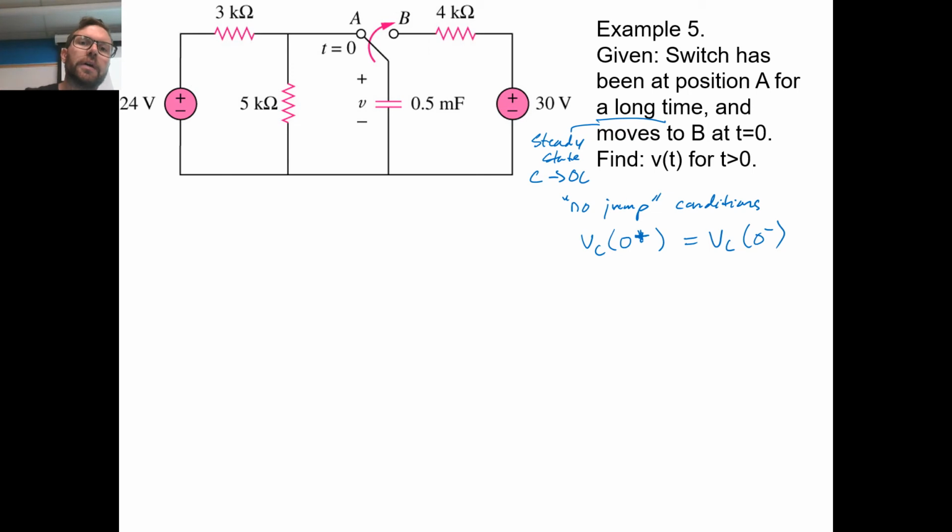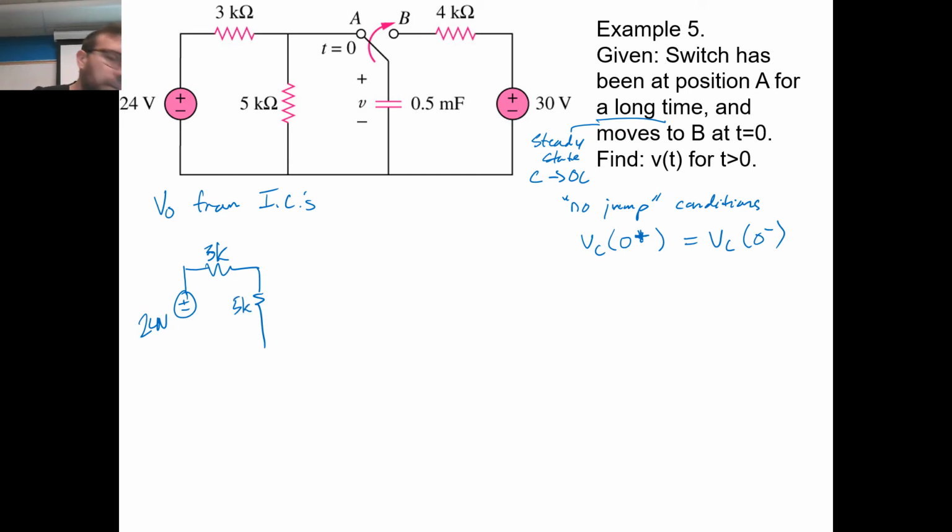Okay. All right, well, let's check this out. We know that V naught is from the initial conditions. I'm spelling that out because it'll help us as we get into second order systems, where it gets more involved. So we've got this 24 volt source, the 3K, the 5K, and then VC is open.